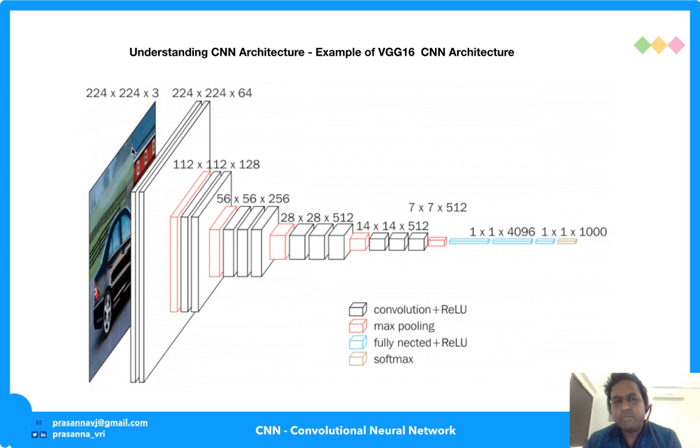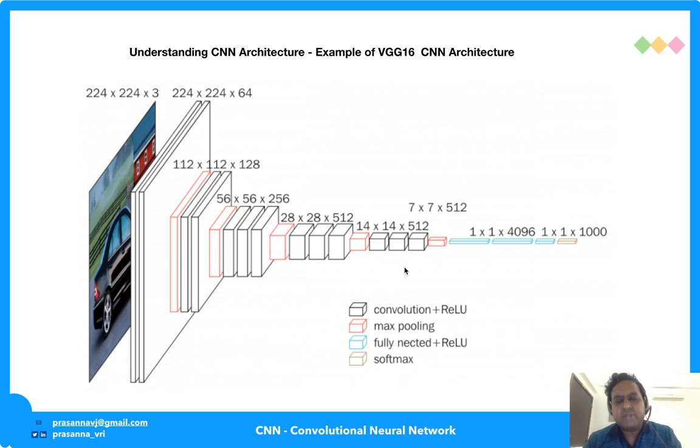Channel meaning that a colored image will have 3 channels, RGB, and that is what is being represented here by the 3. In the case of convolution, the same 224 by 224 by 64 is mentioned. The 64 represents the number of features that it is trying to extract from the images.